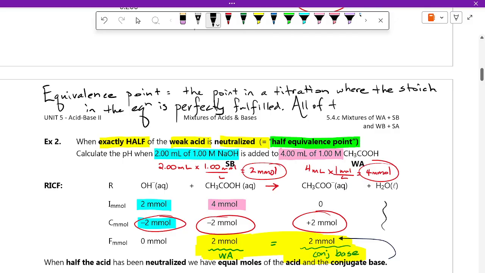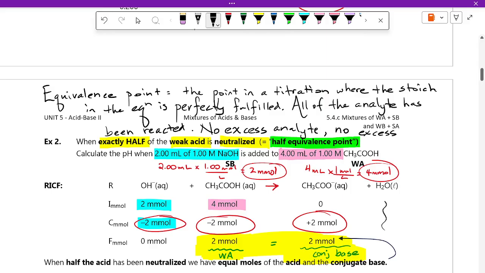All of the analyte has been reacted, and there's no excess analyte, and there's no excess titrant.